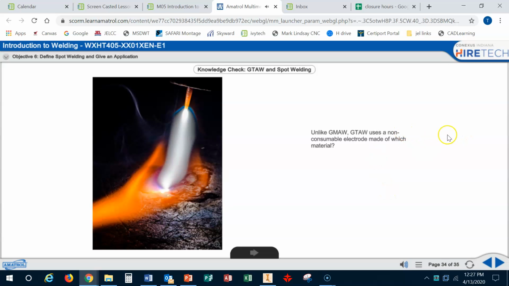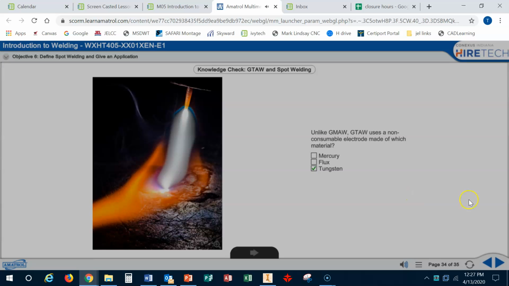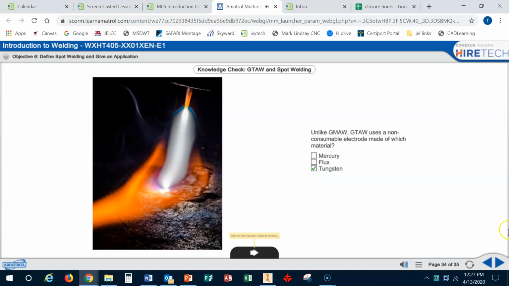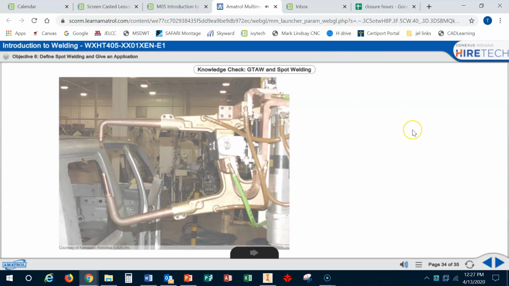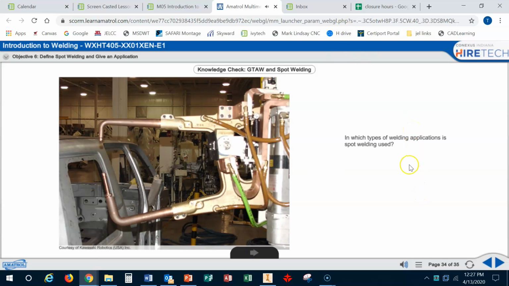Unlike GMAW, GTAW uses a non-consumable electrode made of which material? In which types of welding applications is spot welding used?